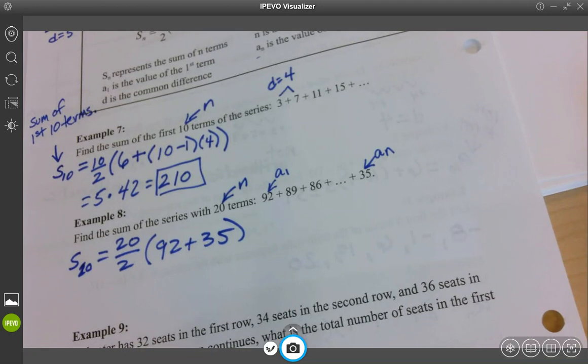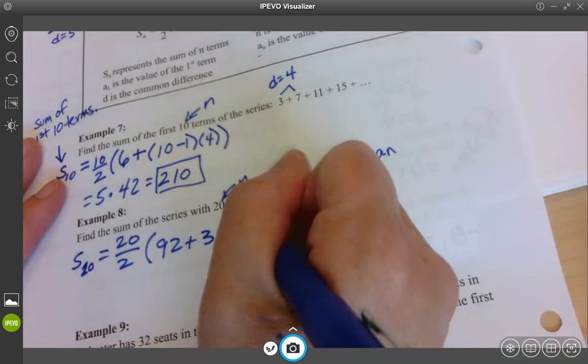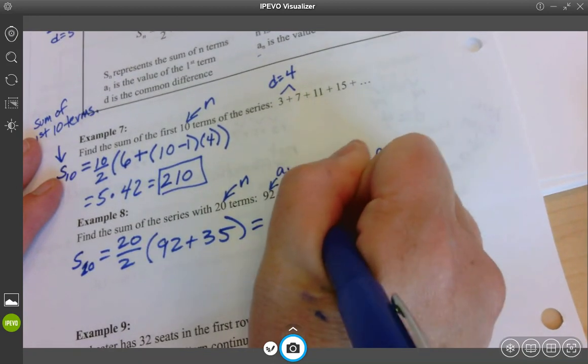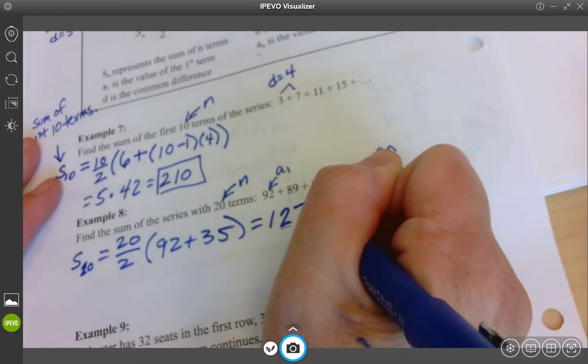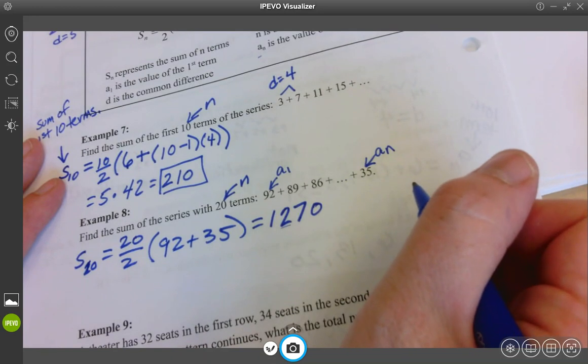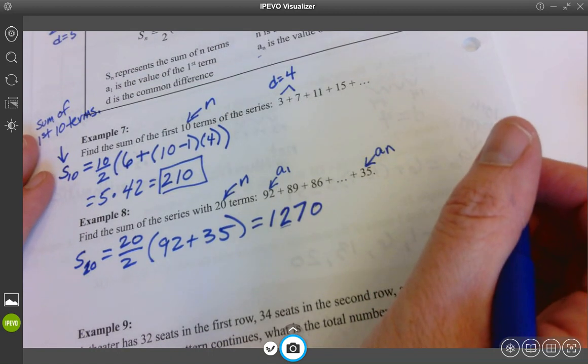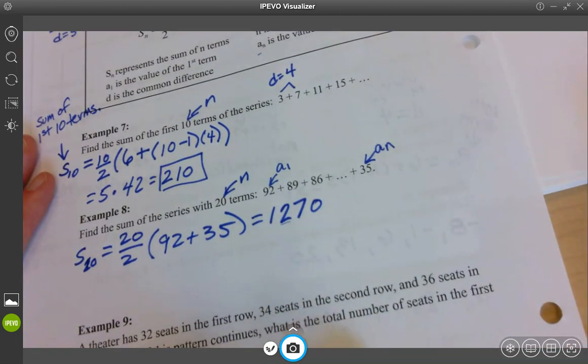Can anybody confirm that? Yeah? Okay. All right. I had a bunch of people confirm 1,270. Did anybody else get 1,250? Okay, but it could be right. Just double check it and see, okay? Maybe it's just a typo.